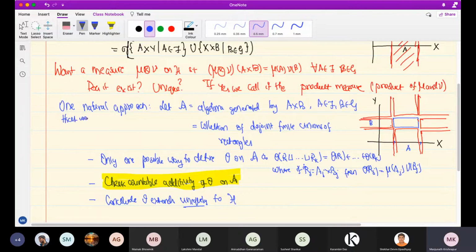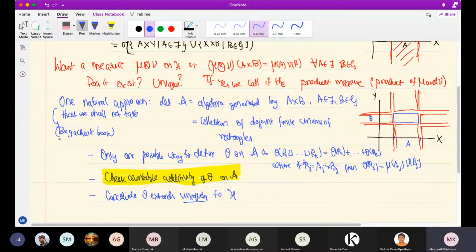But many books may do it like this. So, for example, you can look at Bogachev's book. Bogachev's book does it like this. Many books just do it like this.